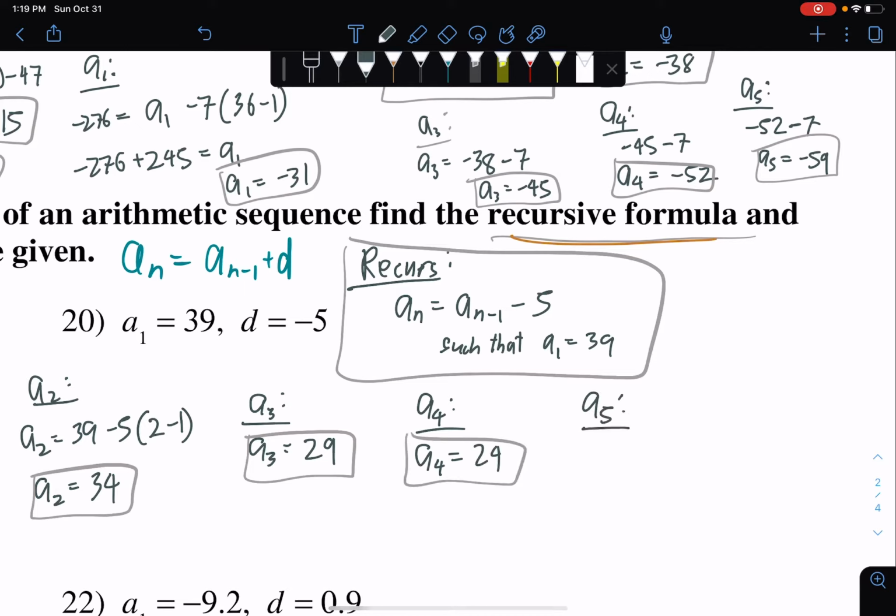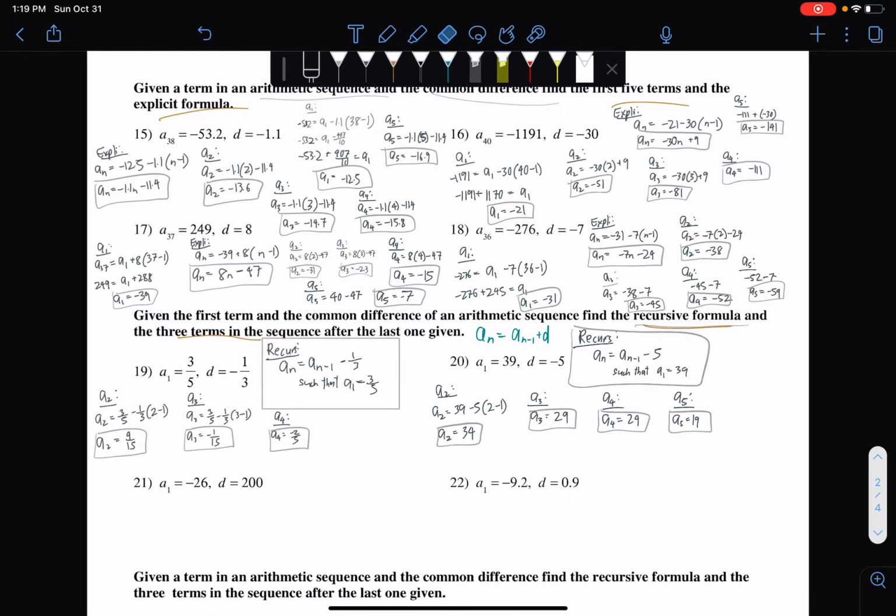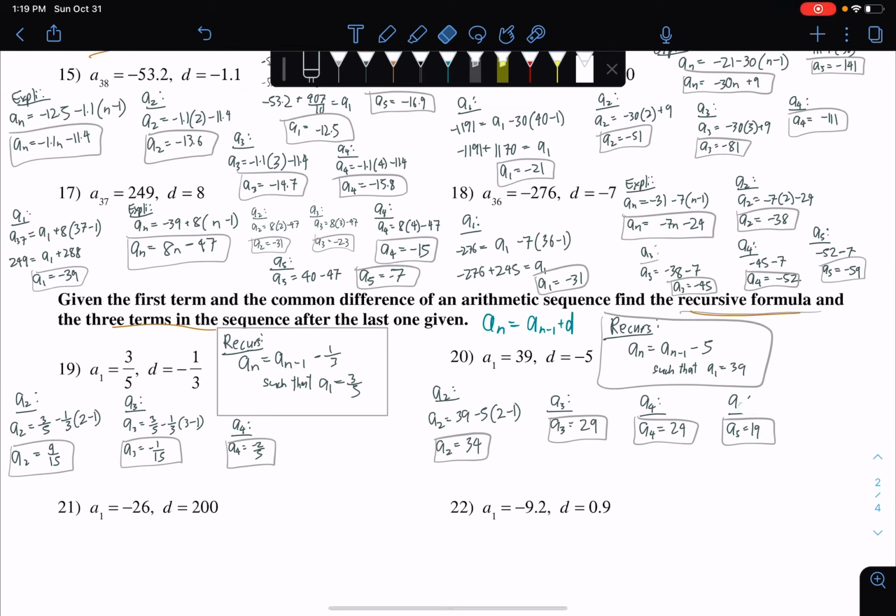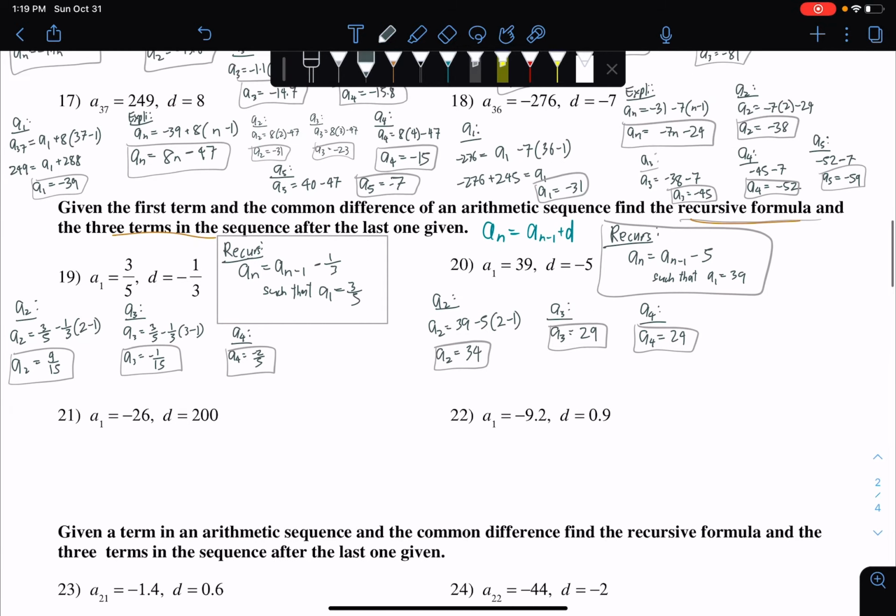Then for a sub 5, a sub 4, which is 24, 24 minus 5 is 19. A sub 5 is 19. Really sorry, I solved the 4th term. We only need 3. Oh wow.